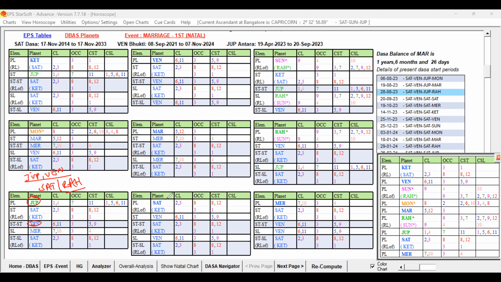Now, Saturn itself, it is a secondary key planet. In the source itself, it is having some weakness. Star Lord is good. And the 2A level, again, is coming. And the sublord is Venus. So Venus is also good. So the source is having some weakness. Star Lord is better. And at the 2A level, again, weakness.